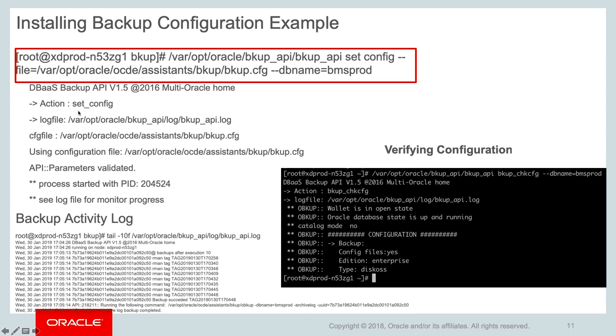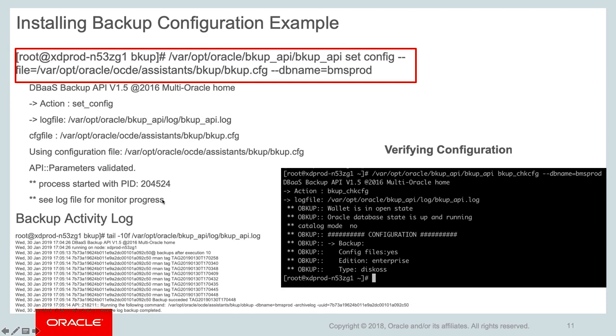This log file can be tracked later to see what's going on behind the scenes. The configuration file used for installing the backup is listed out here, and then it will validate all the parameters. If everything is fine, the process will get started. You will see a PID, which can again be used for tracking it. You can always use ps -ef | grep PID, and you'll be able to track what's going on with this particular command.